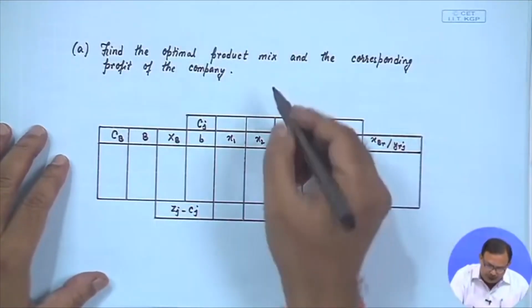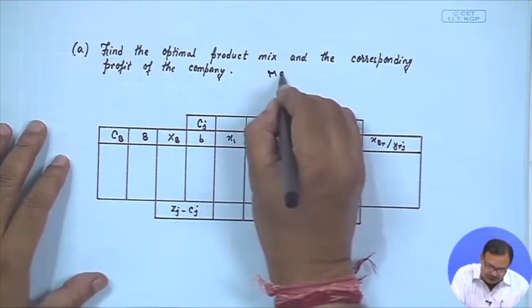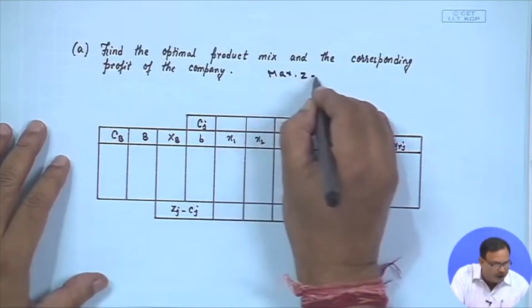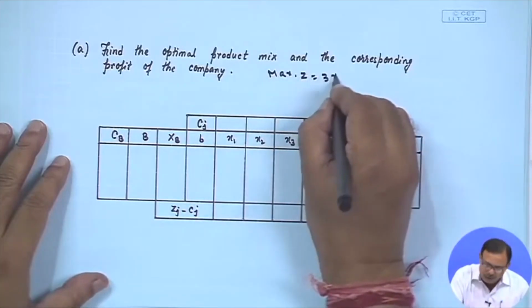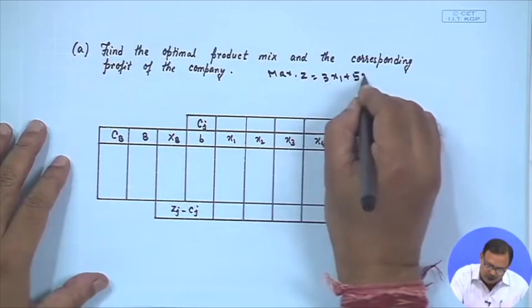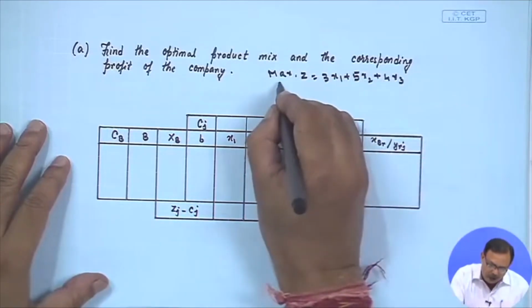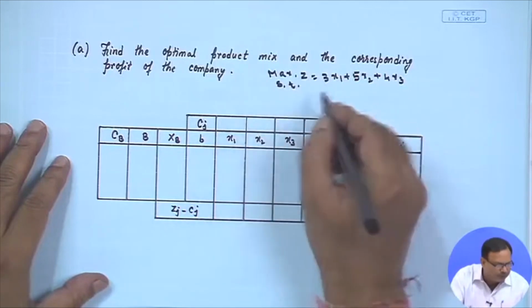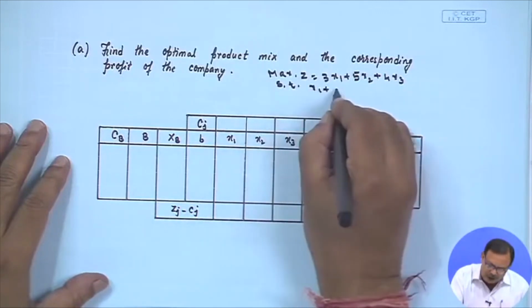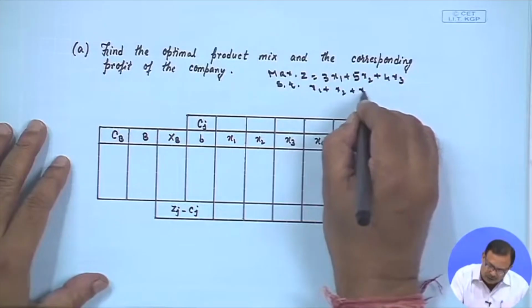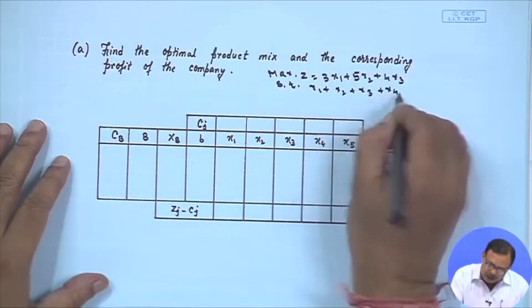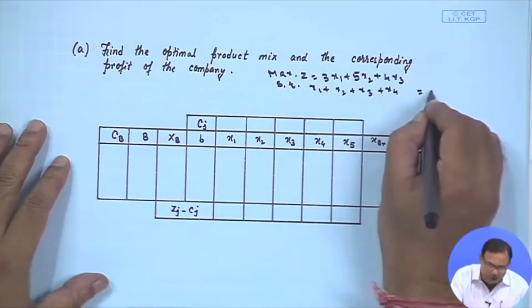So, your problem is maximize z equals 3 x 1 plus 5 x 2 plus 4 x 3, subject to x 1 plus x 2 plus x 3 plus x 4 equals 4.